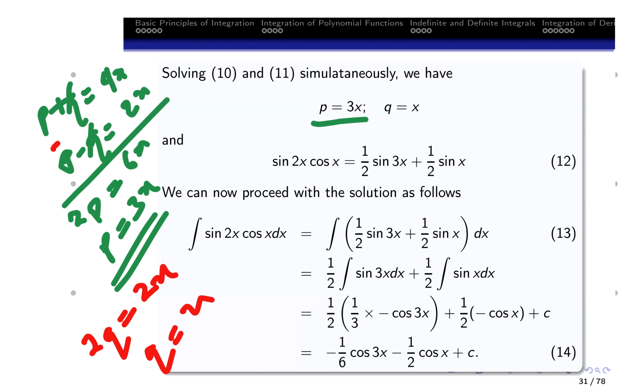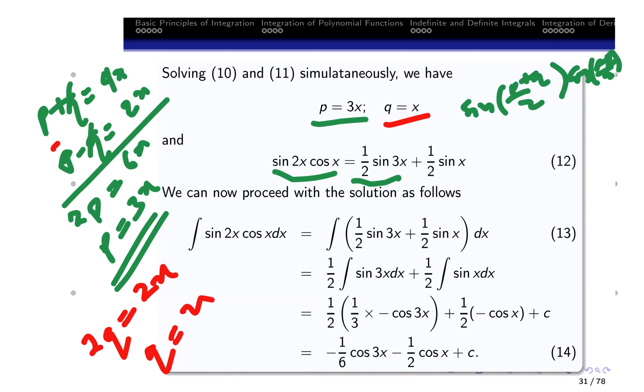So now that that is settled, we now know that sine 2x cos x can be the same thing as half. You remember that the other time, sine (P plus Q) over 2 cos (P minus Q) over 2 is equal to half sine P plus half sine Q. So that means sine 2x cos x will just be half sine P, which is 3x, plus half sine Q, which is x.